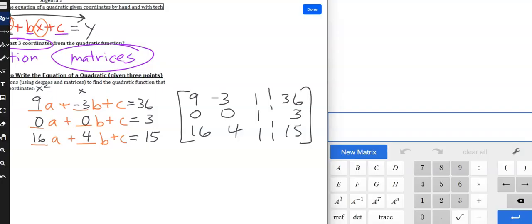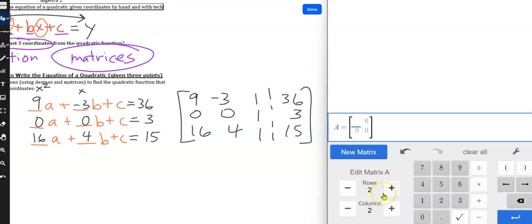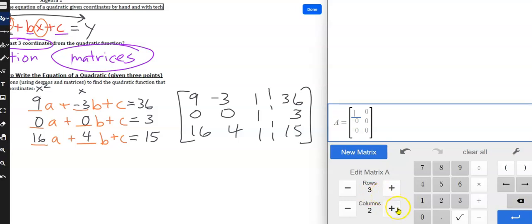And now, come over to our handy-dandy matrix A. Oops, probably need to make a new matrix. And we want 3 rows and 4 columns. And now we can start plugging in our information.